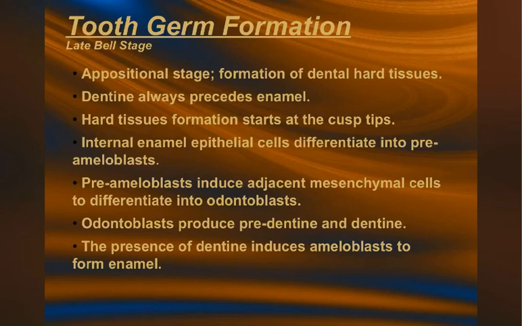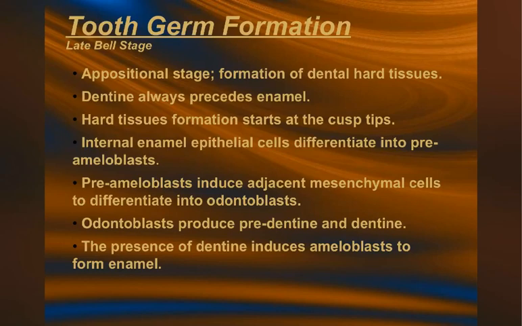The cervix of the crown is the latest in development compared to the other parts of the crown. Inner enamel epithelial cells differentiate into preameloblasts. Preameloblasts induce underlying mesenchymal cells of the dental papilla to differentiate into odontoblasts.